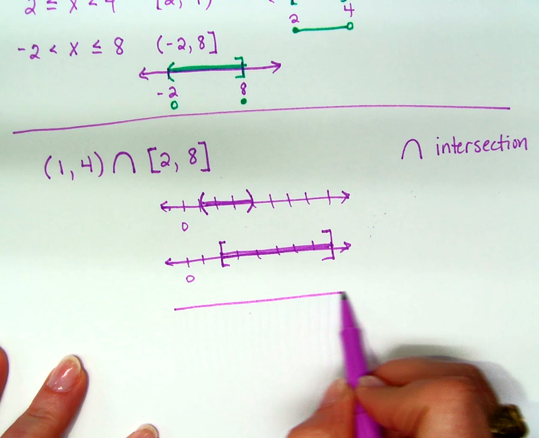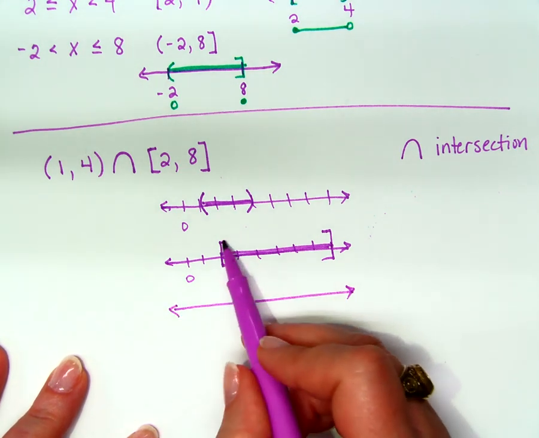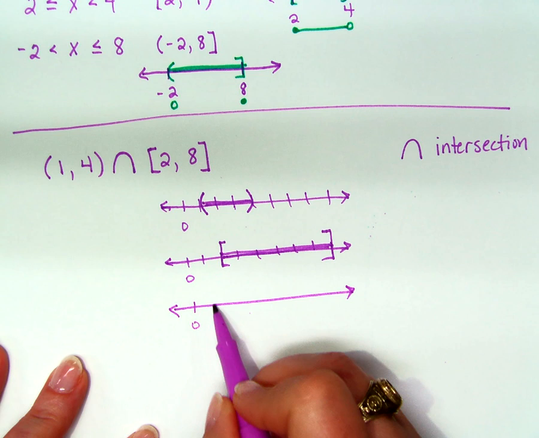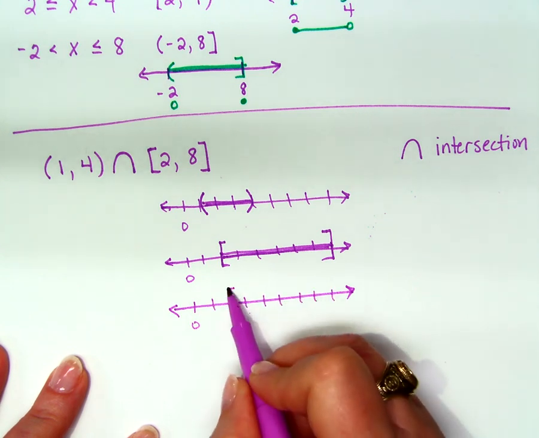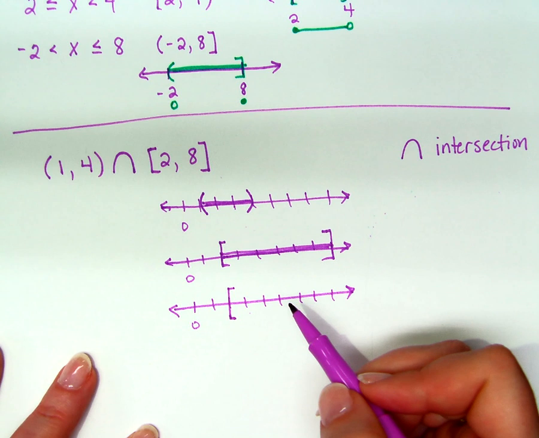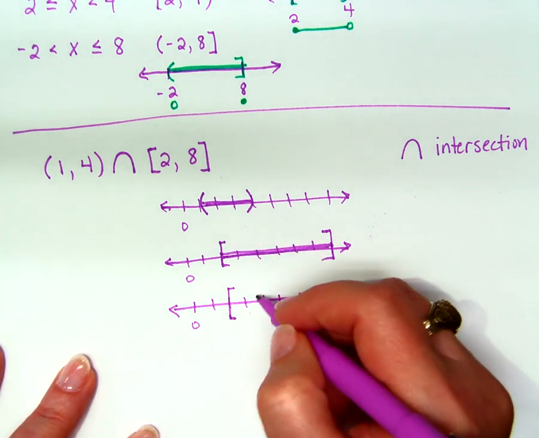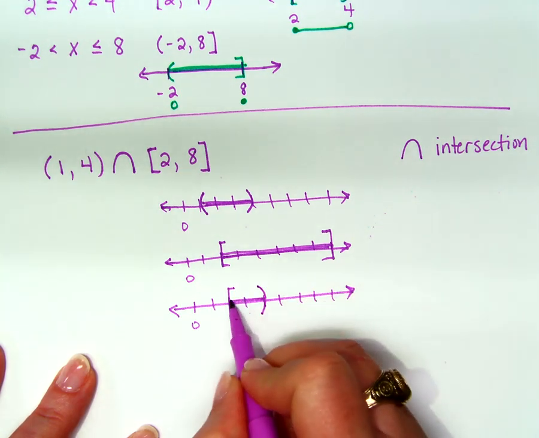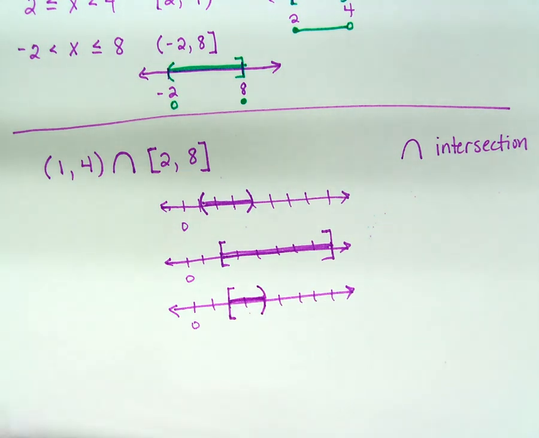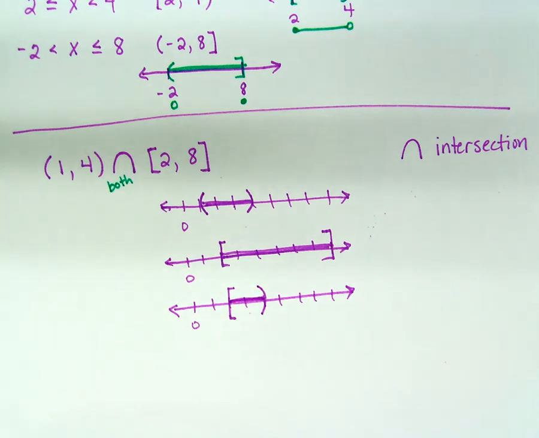So the graph of both of them together then would start at 2, right? It started at 2. Now is 4 included? Well, it's included on this one, but not on this one, so I can't include it here. So this is like both of them.